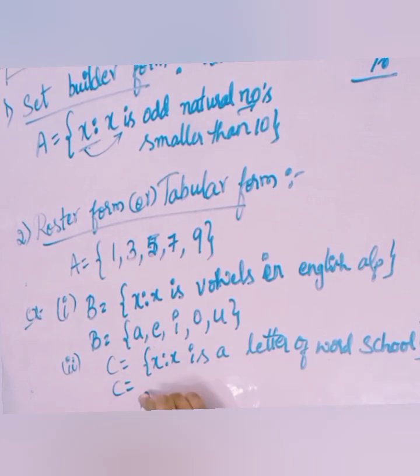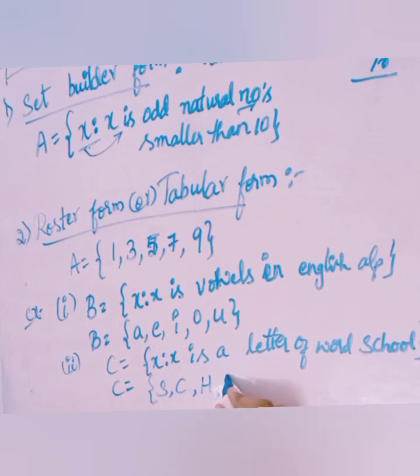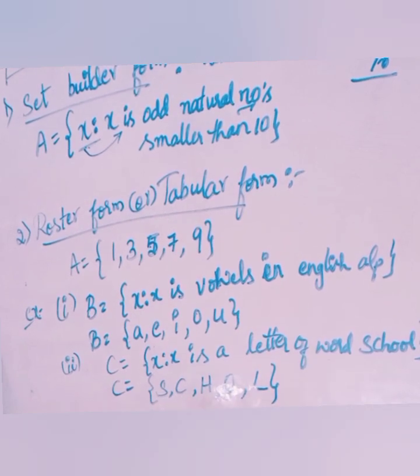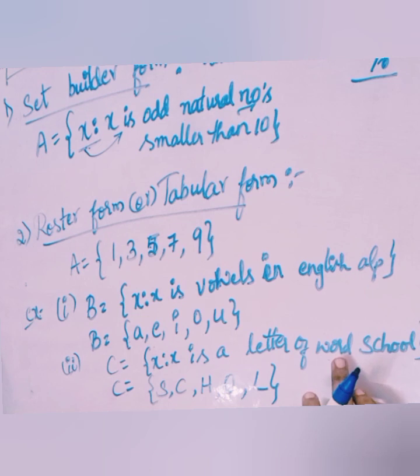S-C-H-O-O-L. So what alphabets do we have in this? S we have, C we have, H we have, O we have, but we have two O's. You don't need to write that O two times. Only one time is enough. So S, C, H, O, L. Because O is repeating, we can write it only one time. So what did we get? The set builder form is letters from school, and the roster form is S, C, H, O, L. So that is the roster form.